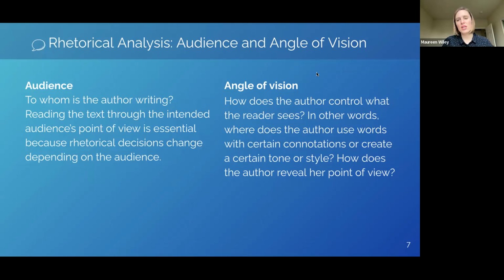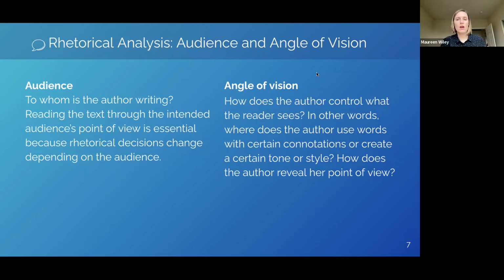So the angle of vision is an opportunity to actually take a look at those things and look at those assumptions and notice how are those assumptions being kind of interwoven into the text through certain words that they are using, through certain types of evidence. That's a very common way for the author to sort of control what information is revealed, or to create a certain tone or a certain style.